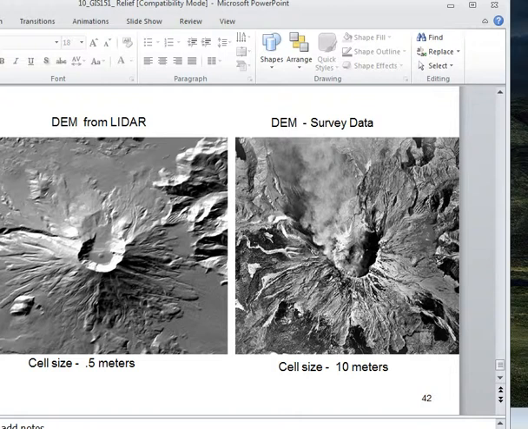But you couldn't see them with a DEM that's 10 meters, but when they ran it with LIDAR, they were able to see all of those potential other landslides. So now they're using that more often to look at very large-scale analysis.